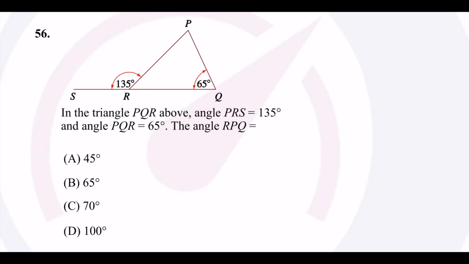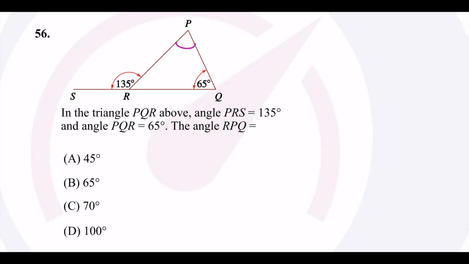Alright, in the triangle PQR above, angle PRS, which is this angle here, is 135, and angle PQR is 65, and then the angle RPQ is equal to, so they're asking you to find this angle here.